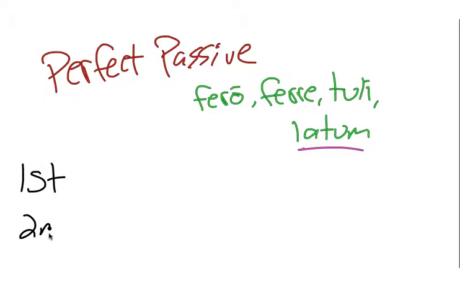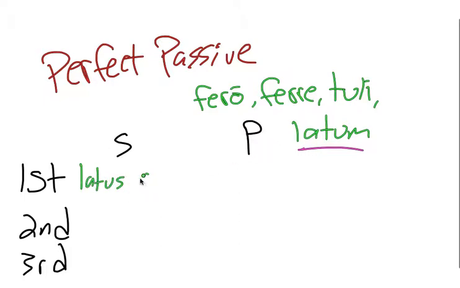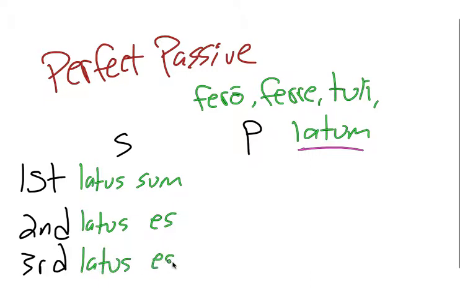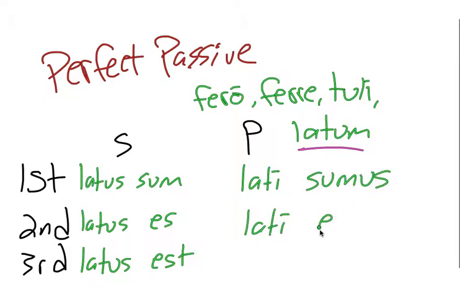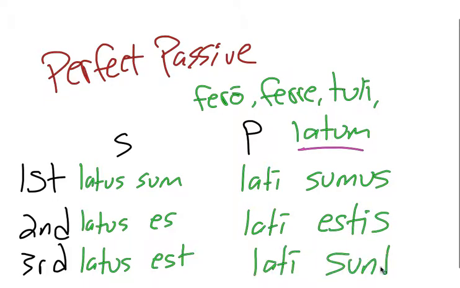So if I set up my chart again, I'm going to say latus sum, latus es, latus est, lati sumus, lati estis, and lati sunt. And if I translate for singular, this would be I have been carried, or I was carried.